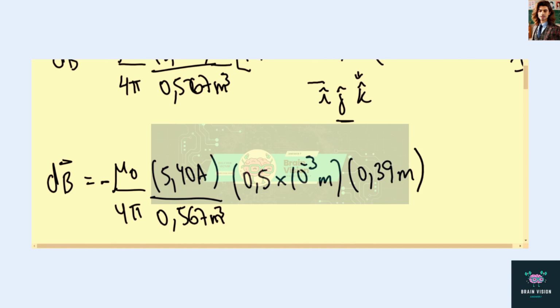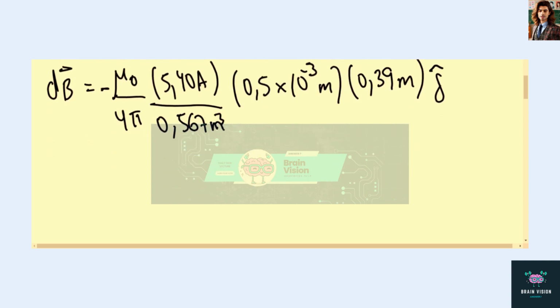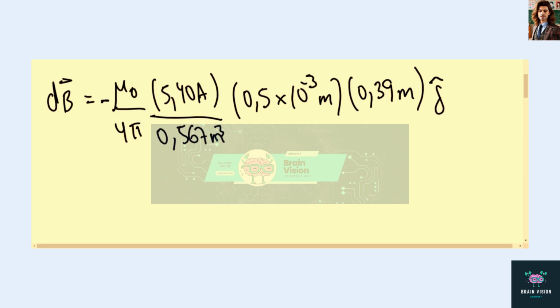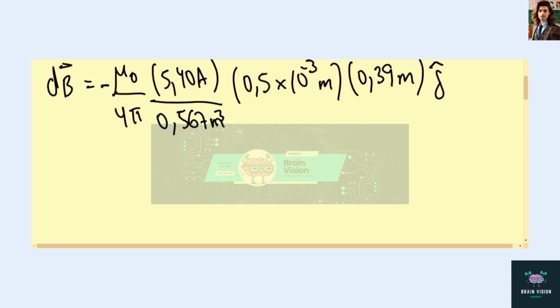That's the only component that survives after the cross product, and this in the J direction. So with this, we just need to simply put the values of mu sub 0, and the value for mu sub 0 is 4 pi times 10 to the minus 7. So the 4 pi goes away with this, with the 1 in the denominator. So we will obtain 10 to the minus 7.